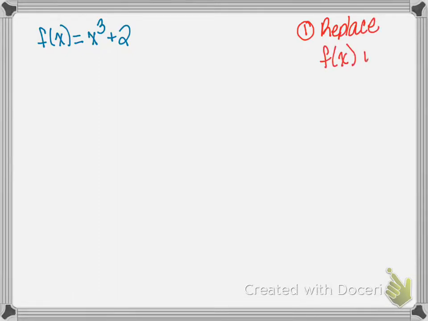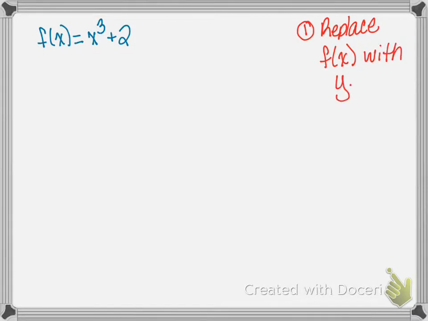Okay. So 41 is an inverse function. It wants us to find the inverse function. So I have f of x equals x to the third plus 2. That's my original function. So the first thing that I'm going to do is replace f of x with y.